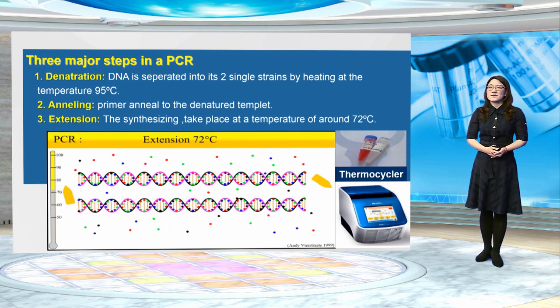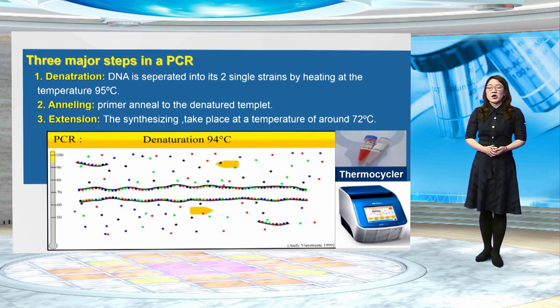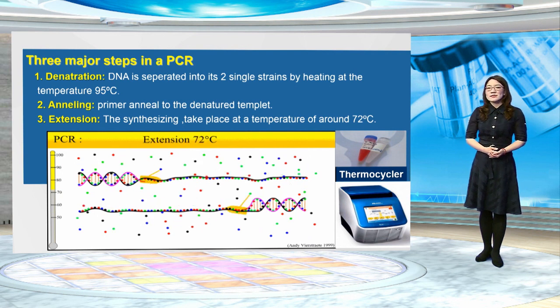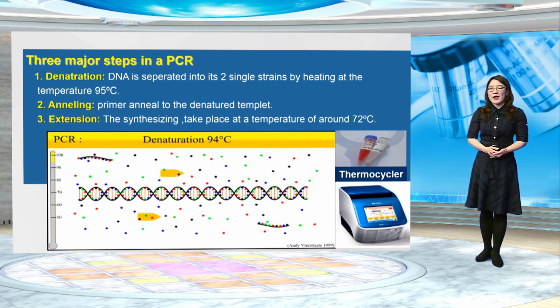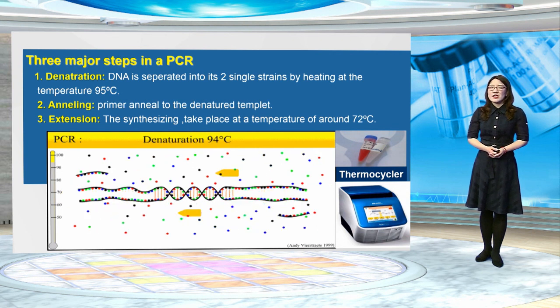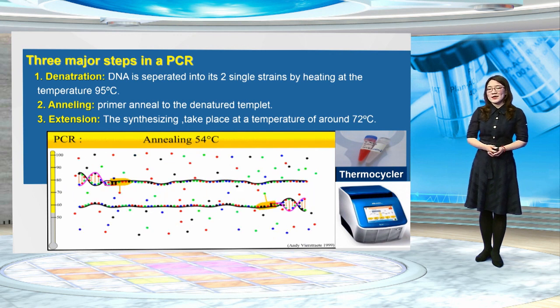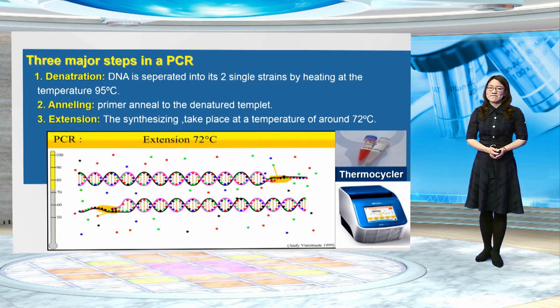It happens at a particular temperature, which is decided by the structure of the primer and the template. And the third step, the deoxynucleotide triphosphates continue to be added, elongating the strand at 72 centigrade to form a new strand.